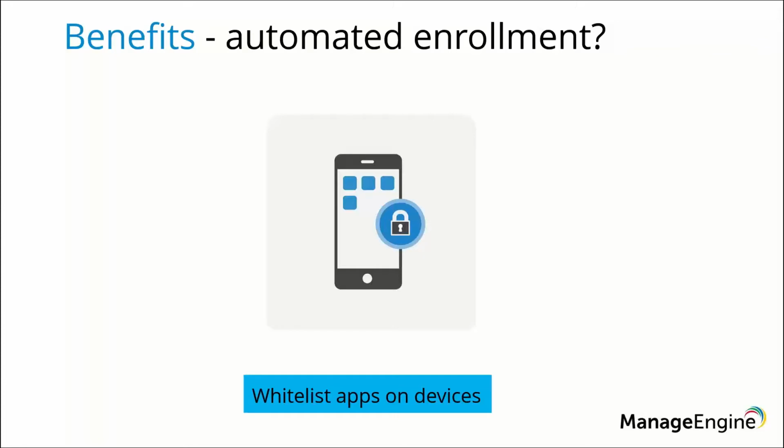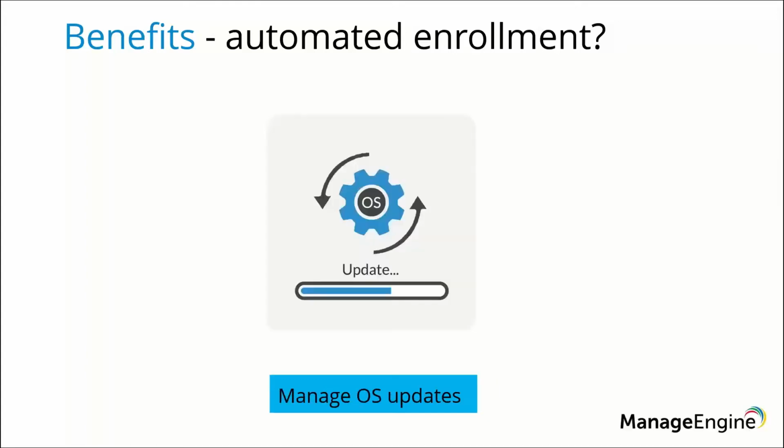Let's say I want my corporate devices or the users to access only certain applications alone, let's say 5 to 6 apps alone. Apart from that, they should not have access to any other applications. So you can lock your devices with certain applications alone through enrolling through this automated or administrative mode of enrollment.